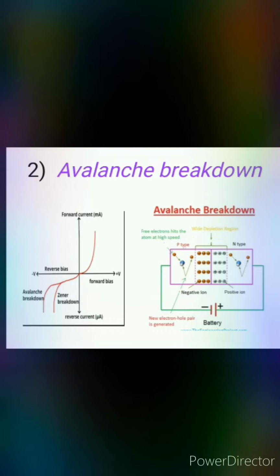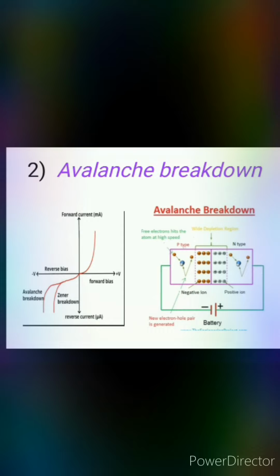Second, the increase in temperature increases the breakdown voltage. The VI characteristic curve of avalanche breakdown is not a sharp curve. As the breakdown depends on doping densities, this breakdown is seen in lightly doped diodes; only those diodes which are lightly doped show avalanche breakdown.